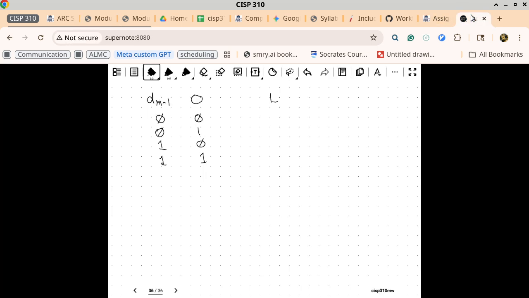So we are basically saying if there's no overflow, meaning the first and the third row, then d of m minus 1 is the correct answer. Just copy d of m minus 1 as it is. But when there's overflow, which is the second and the fourth row, then d of m minus 1 is telling us the exact opposite of what it is supposed to be.